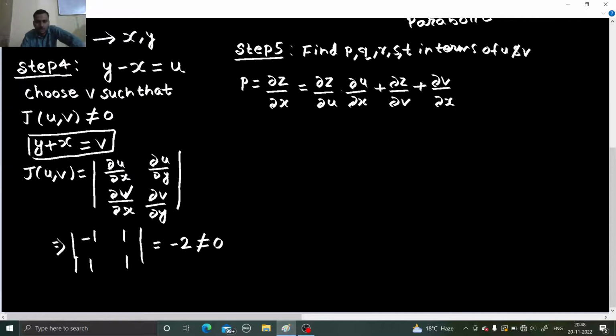Sorry, this multiplication sign is in the middle. Fine. Now del z by del u, okay, we can't find this directly. So del u by del x, what we can find? Let me find it. u is this, so del u by del x is -1.